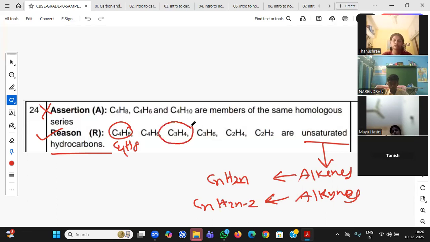You take C3H6, keep n equal to 3, C3H2n, C3H6, it's an alkene, but C3H4, keep n equal to 3, it's an alkyne. So basically this is butene, butyne, propene, propyne, like this, all are alkenes and alkynes. So that's the reason they are unsaturated hydrocarbons.